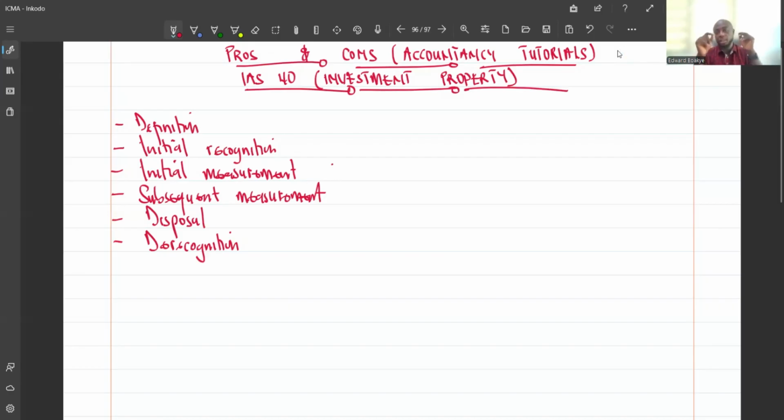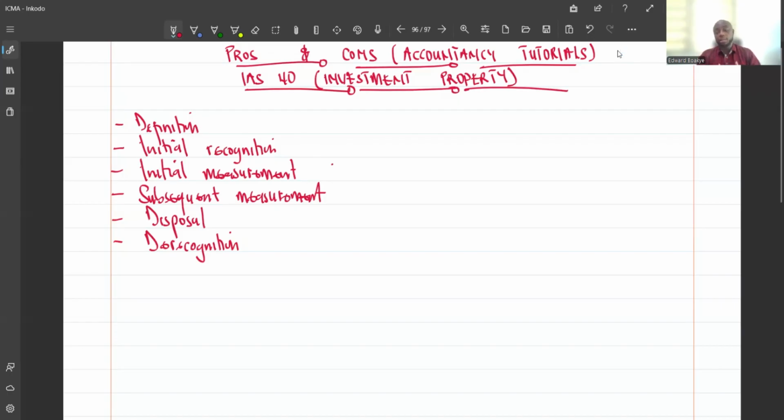That is two recognition criteria. So we said economic benefit should be able to flow from the asset to the entity, and then the cost should be measured what? Reliably. We should be able to measure the cost reliably before we can recognize it as what? Asset in our financial position.